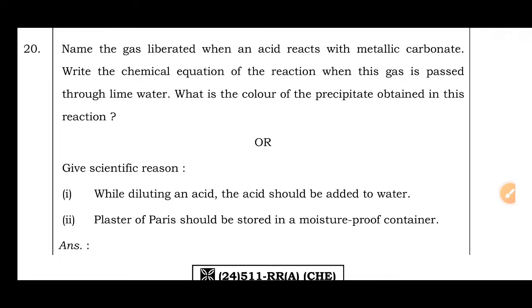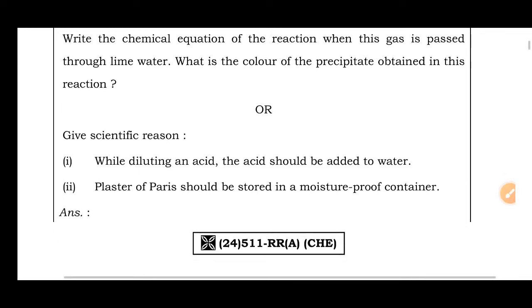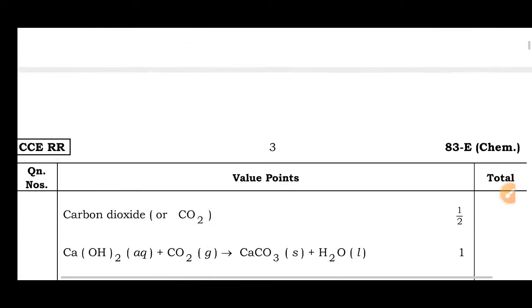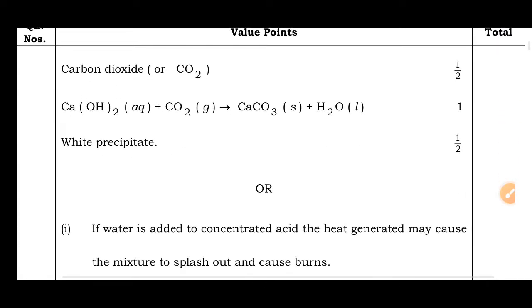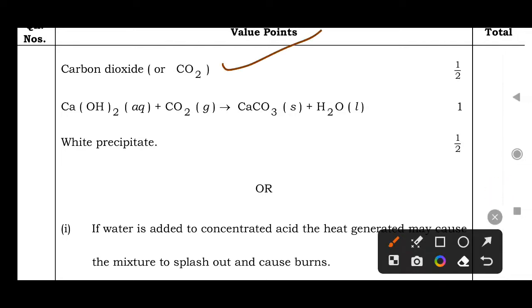Name the gas liberated when an acid reacts with a metallic carbonate. Write a chemical equation of the reaction when this gas is passed through lime water. What is the color of precipitate obtained in this reaction? Okay, slightly tricky question. See answer. The gas liberated, whenever the acid reacts with metallic carbonates and bicarbonates, is carbon dioxide gas.